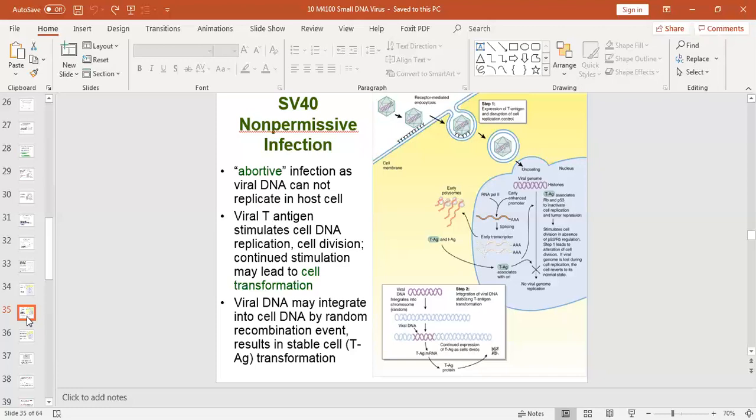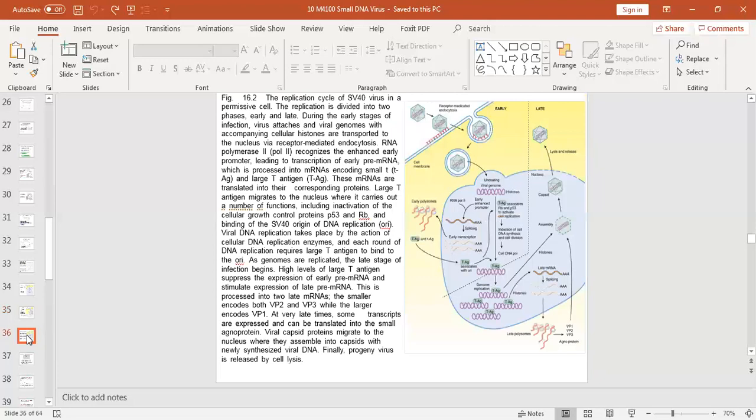As a matter of fact, in the laboratory, when we get some cells and want to immortalize them and convert them from primary cells to cancer cells, so we can continuously have them in cell culture for various studies, we transfect them with SV40 large T antigen. Slide number 36 is basically a description of what I just mentioned to you guys.